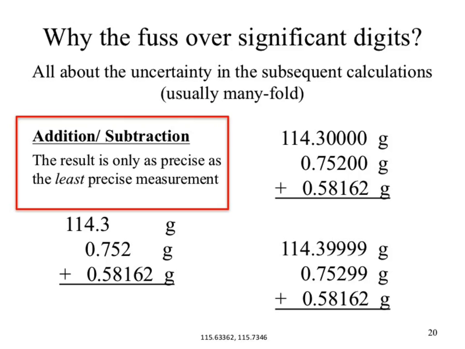Okay. Since you guys were smart enough to look at my fine print, if we go through and use the 9s, the number comes out to be 115.7346 as opposed to 115.63362. Okay. Do we now have a difference? Yes. In that tenths place, we have a difference. That's where we vary.